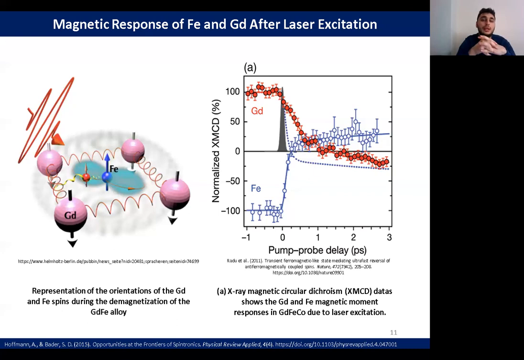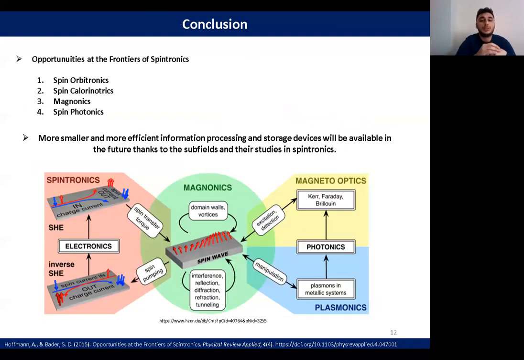In conclusion, there are many opportunities for ultrafast spintronic-based and optically induced spin currents, such as the possibility of increasing the response speed of bits by 1000 times. Okay, as a final point, I would like to say that we examined the studies in subfields of spintronics, such as spin orbitronics, spin caloritronics, magnonics, and spin photonics, and took a look at the opportunities here.